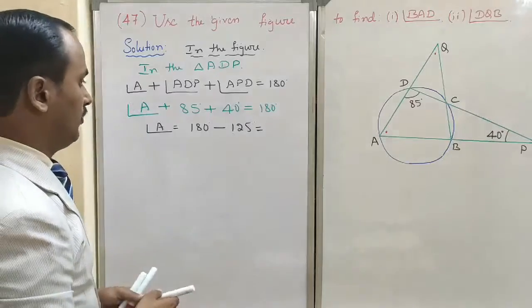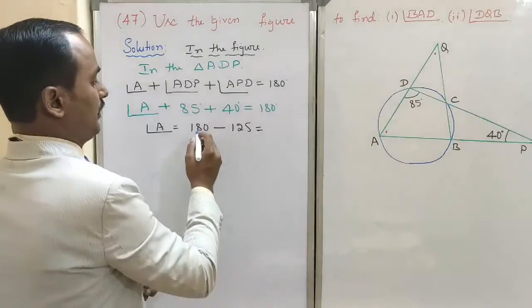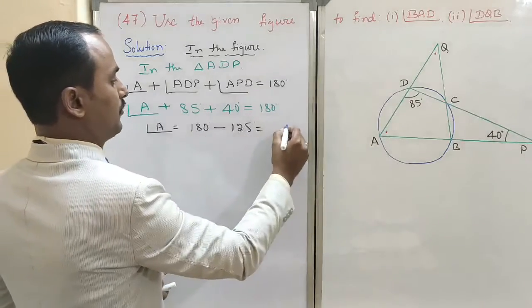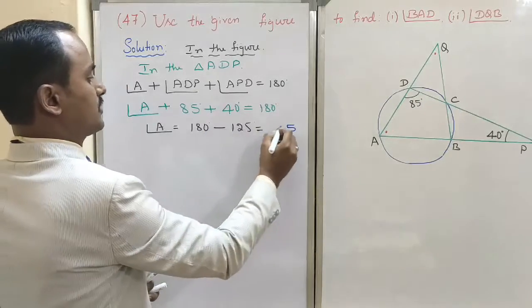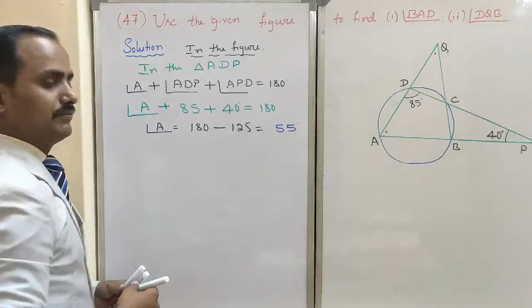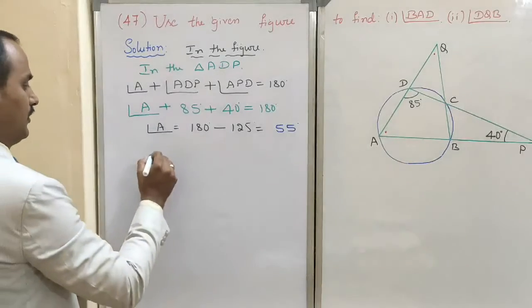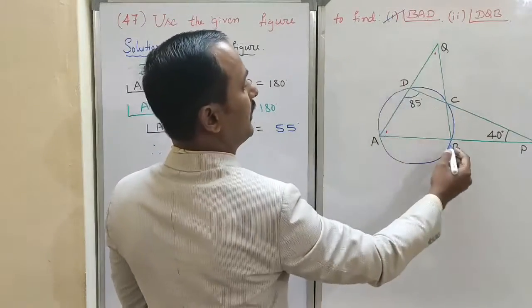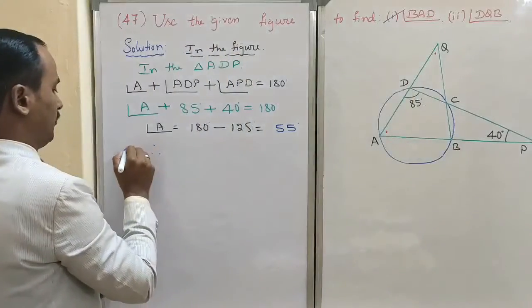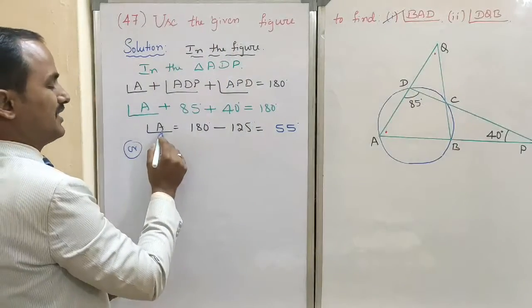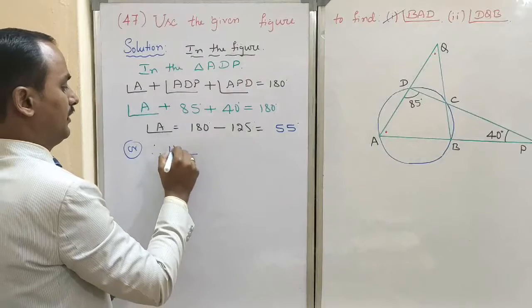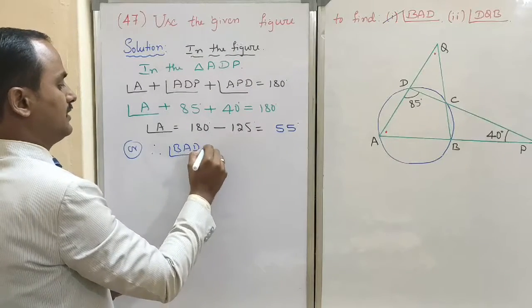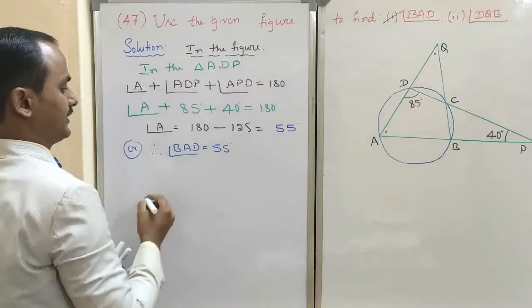Now the difference: 180 minus 125, 10 minus 5 is 5, 7 minus 2 is 5, so 55 degrees. Clear? Therefore angle A is nothing but the required angle BAD. Angle BAD is equal to 55 degrees, dear children.